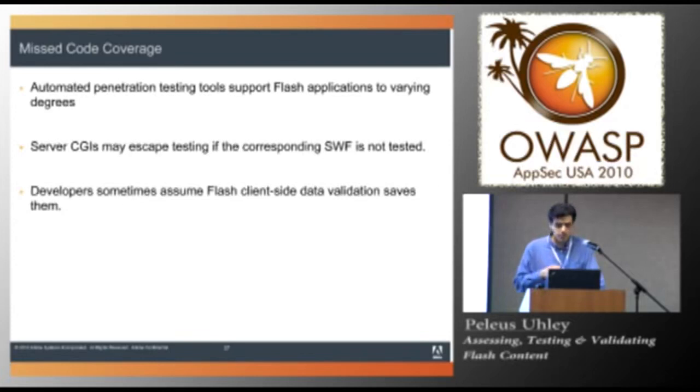So that's something you want to be careful of. Like if you're a site that has a shopping cart built completely in Flash, depending on the level of Flash support within your automated web app tool, it may not exercise all those CGIs that happen during the shopping cart process because the automated tool just doesn't understand it.